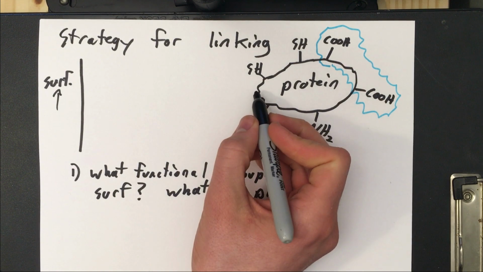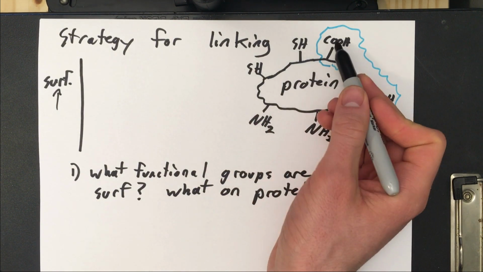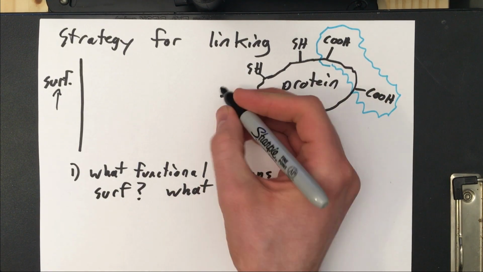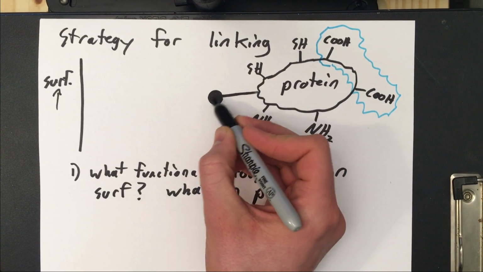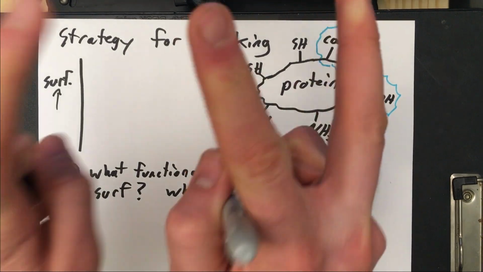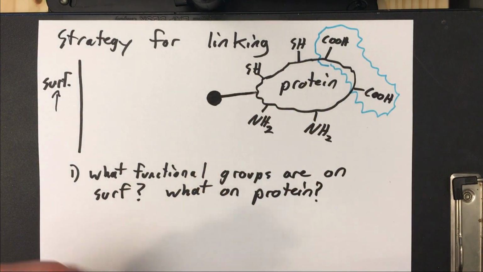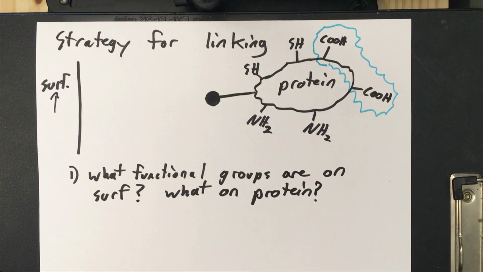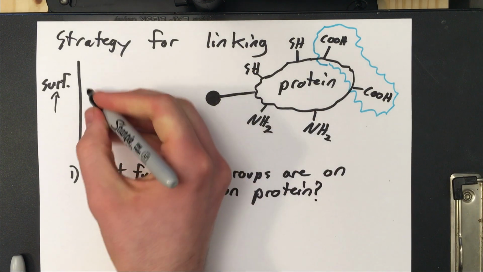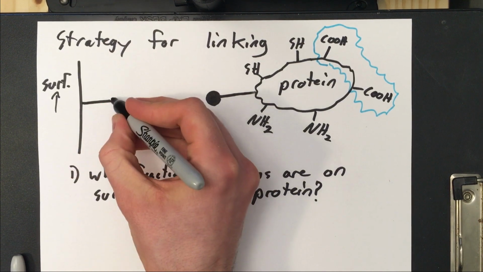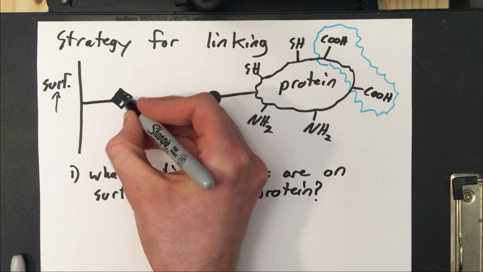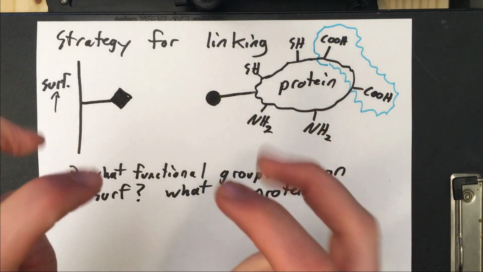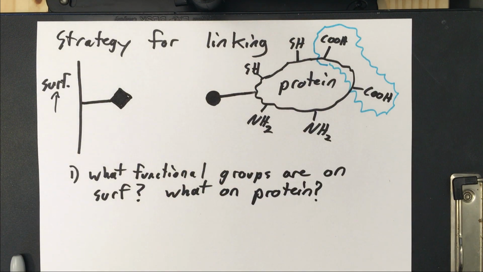All right, so let's abstract, regardless of whether it's an SH or a COOH or an NH2. Let's say the protein has some molecule on its surface that is a circular shape. We're just abstracting things here. And let's say our surface over here has some functional group that I'm abstracting as a diamond shape right here.